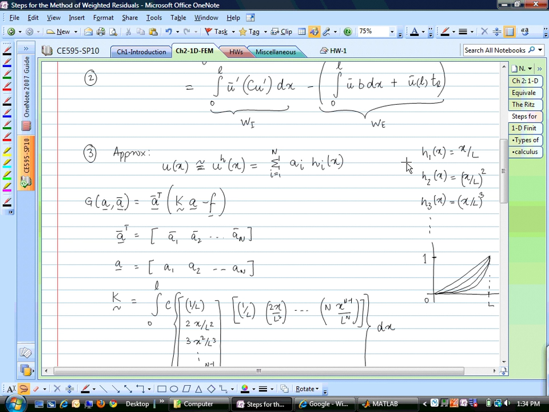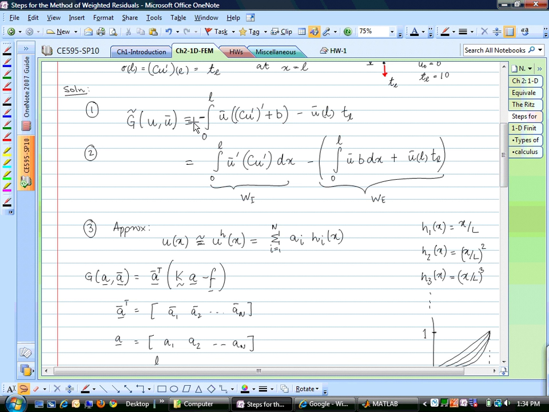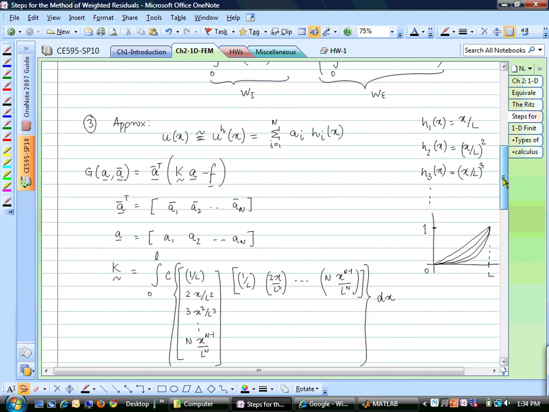So if we express our displacement in terms of a linear combination of all these functions, and the virtual displacement u bar also, and plug those expressions into our virtual work form, then what we will get is this equation that says for all a bar, if we make sure that this bracketed term is 0, then we've solved the problem.